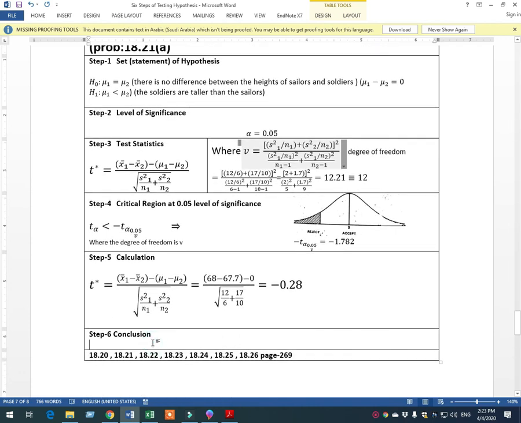So here I will write the conclusion: since the calculated value of T is less than the critical value, therefore we reject the null hypothesis.